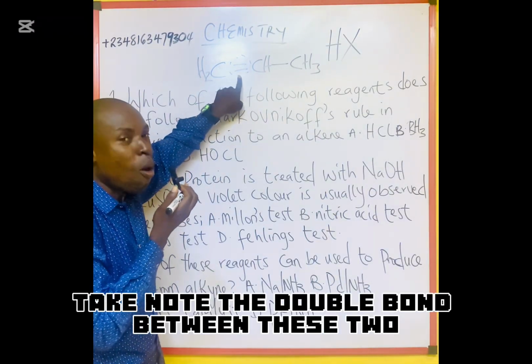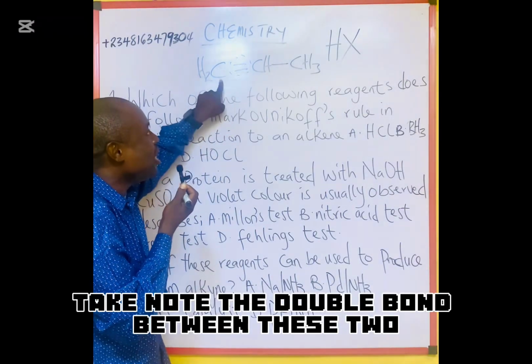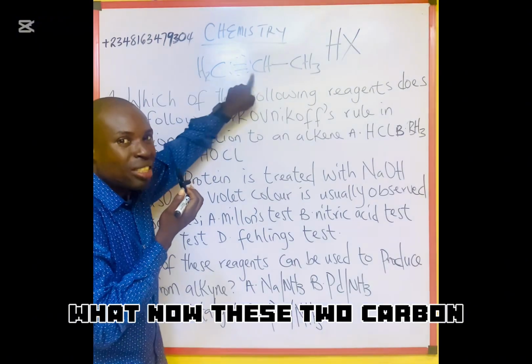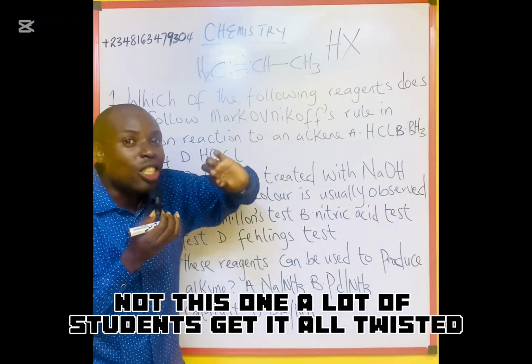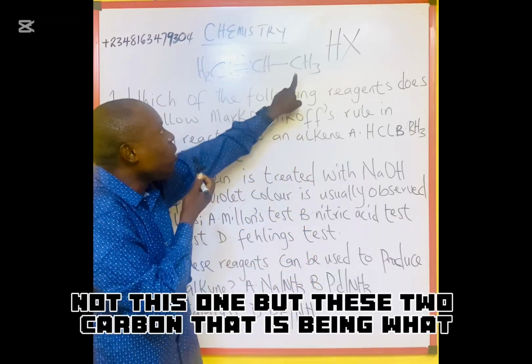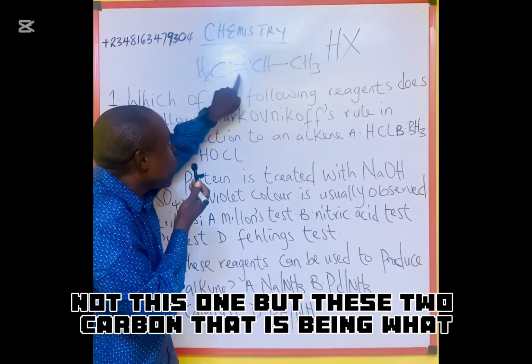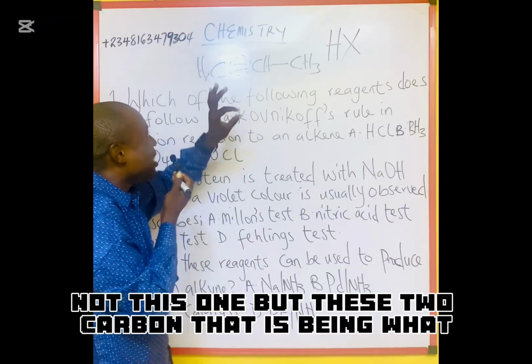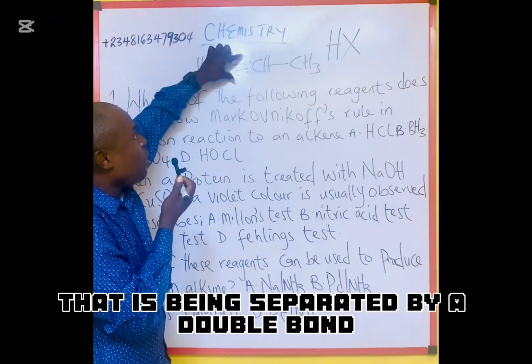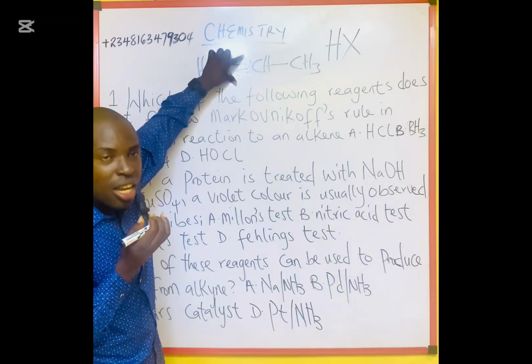Take note, the double bond between these two carbon, not this one. A lot of students get it all twisted. Not this one, but these two carbon that are being separated by a double bond.